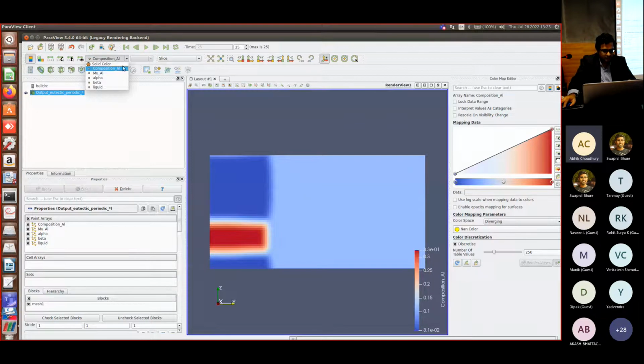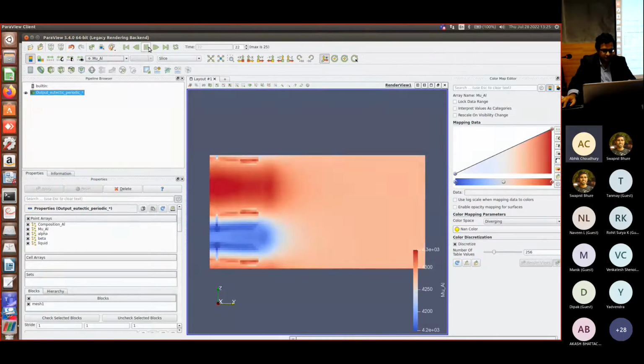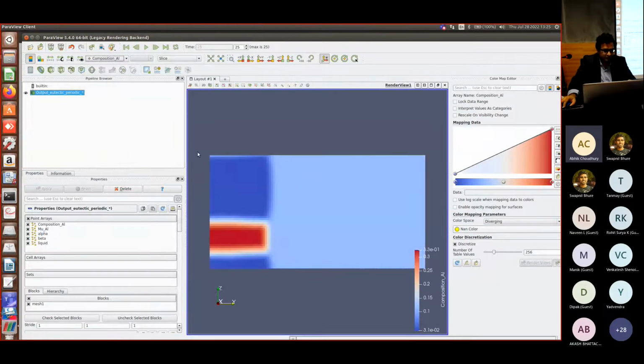Okay, and you can also plot the mu field. The mu field is less beautiful, and this is because there is no solid diffusivity. So the mu profile will have things like this where the composition does not diffuse. This is less evident over here, but it's more evident in the mu profile.